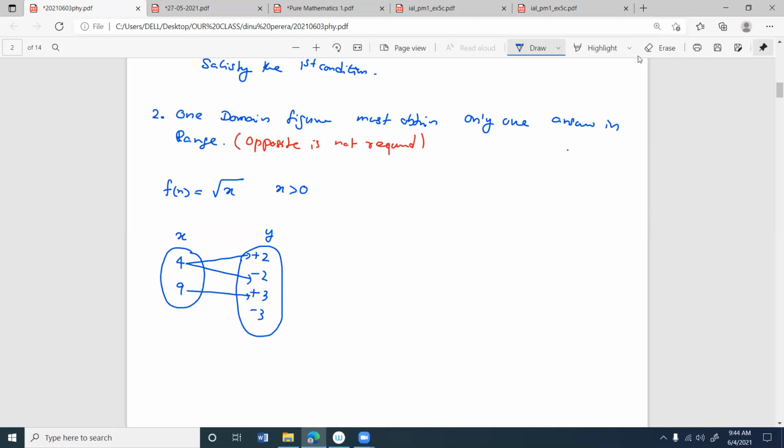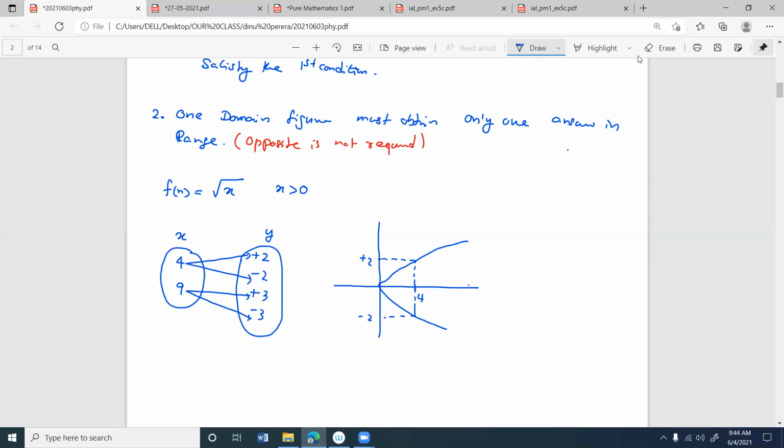But look at this. If I plot this graph, the square root x graph, it's just like this. If I get one x value 4, you get two y answers, plus 2 and minus 2.